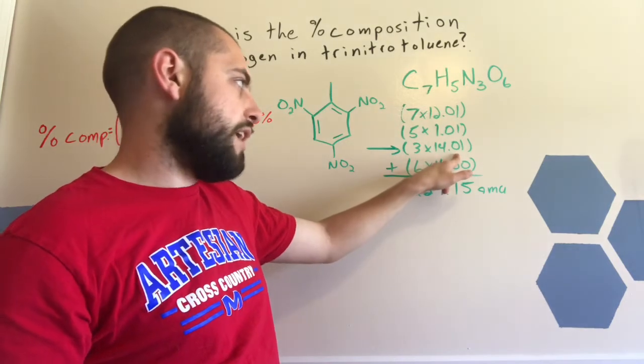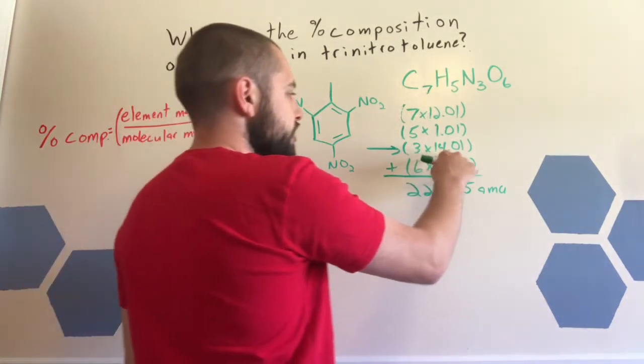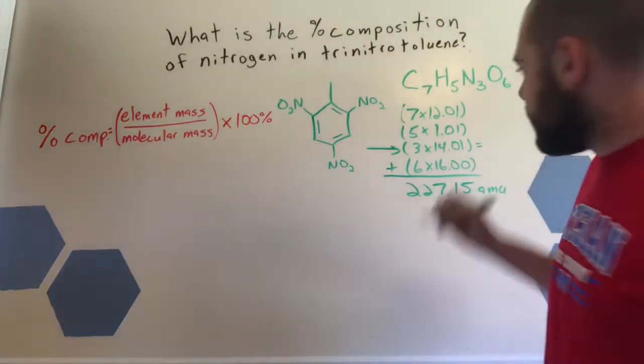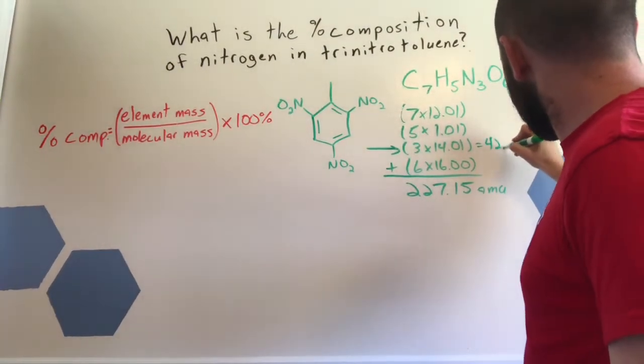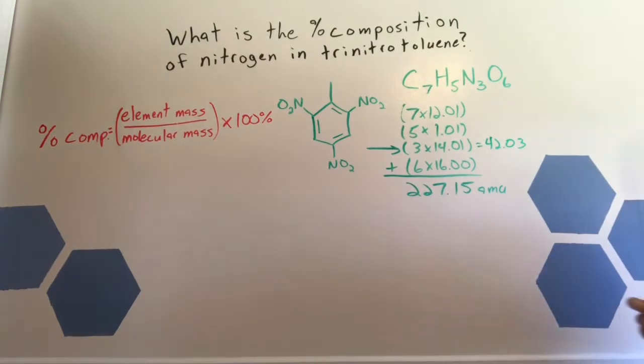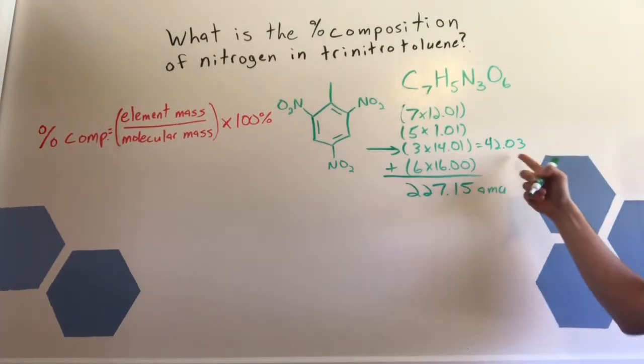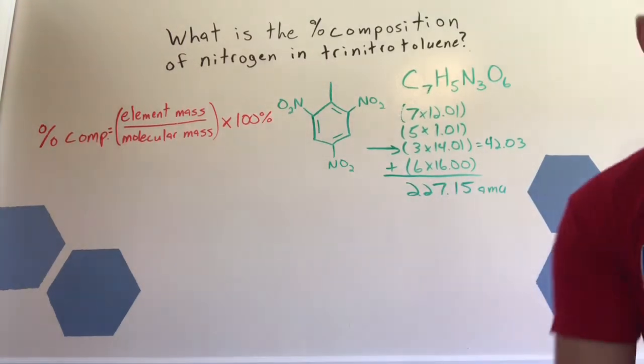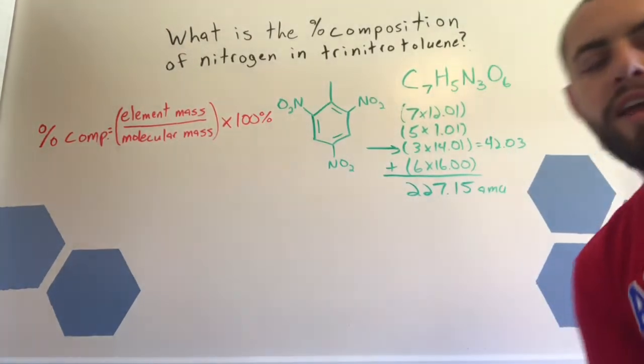I got this from the periodic table. 3 times 14.01 is going to be about 42.03 atomic mass units. So now I'm ready to plug it into the formula and solve.